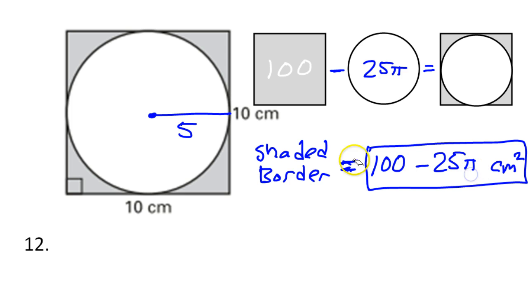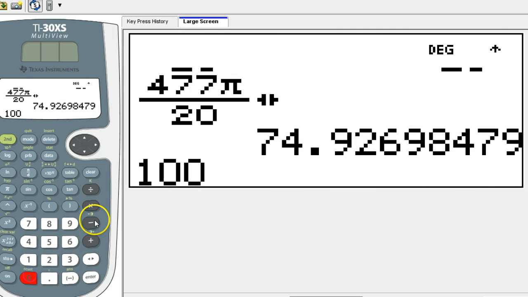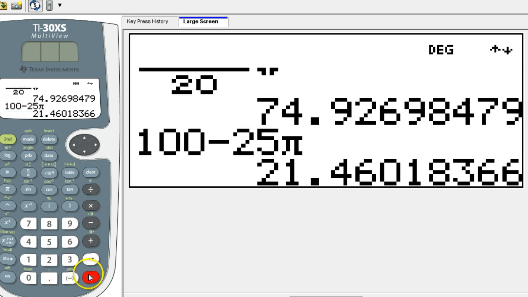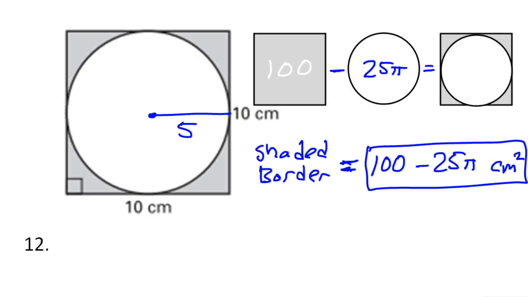If I want a decimal, I'll go ahead and put it in the calculator. So 100 minus 25 pi. So that's 21.46.